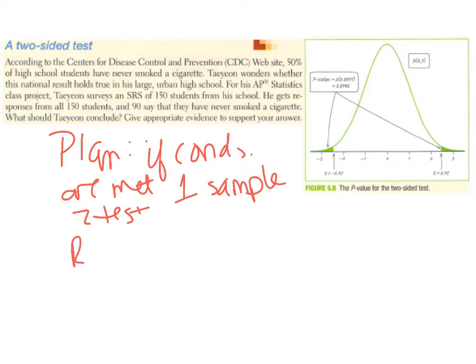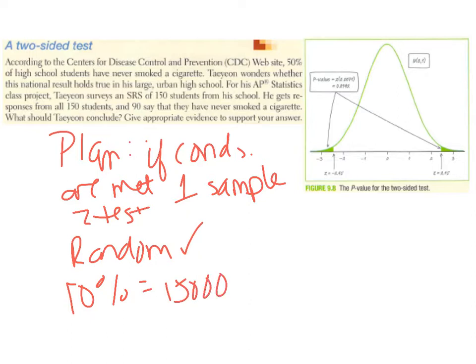Then I need to check all my conditions. It's random because they said it was an SRS of 150. My 10% condition is met because we're going to assume that my student population is greater than 1,500. And then my large counts condition: remember, they're calculated as if my null hypothesis is true.